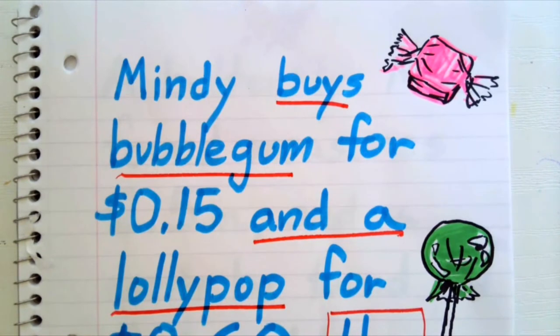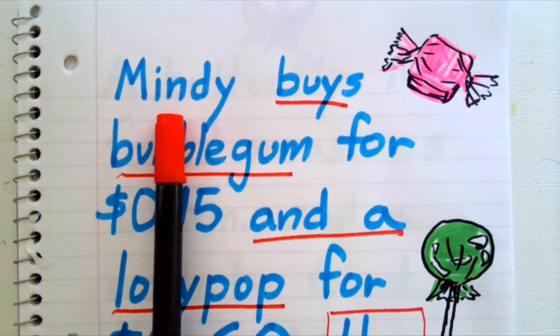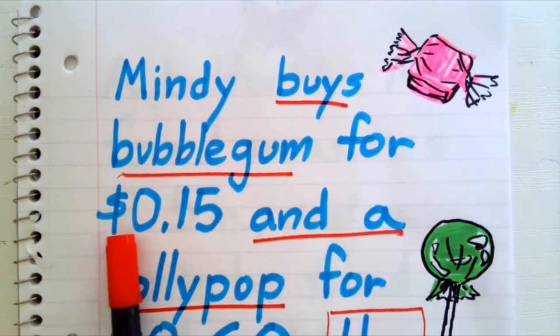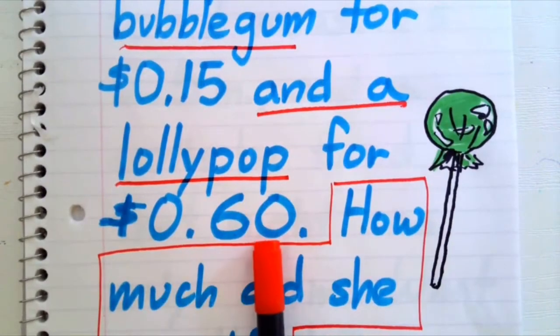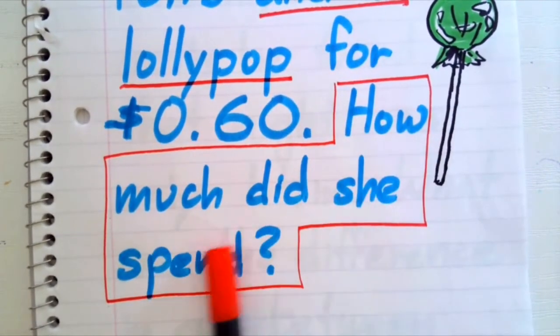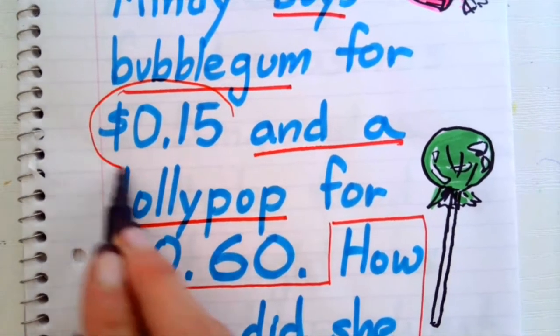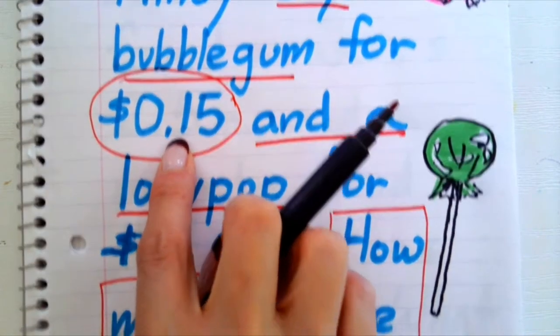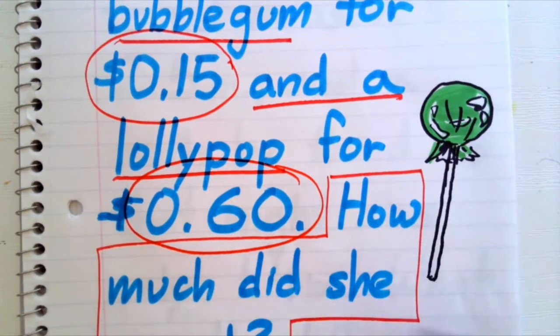Let's read the problem one more time to find out what numbers or information we need to figure out how much Mindy spent. Ready? Begin. Mindy buys bubble gum for 15 cents and a lollipop for 60 cents. How much did she spend? Do you see the two amounts we will be working with? 15 cents and 60 cents.